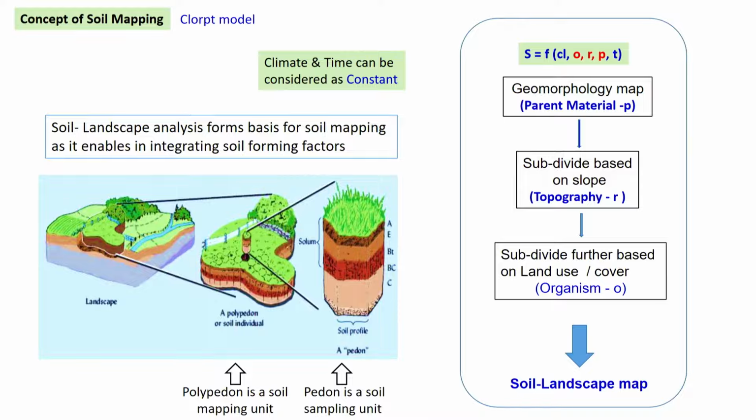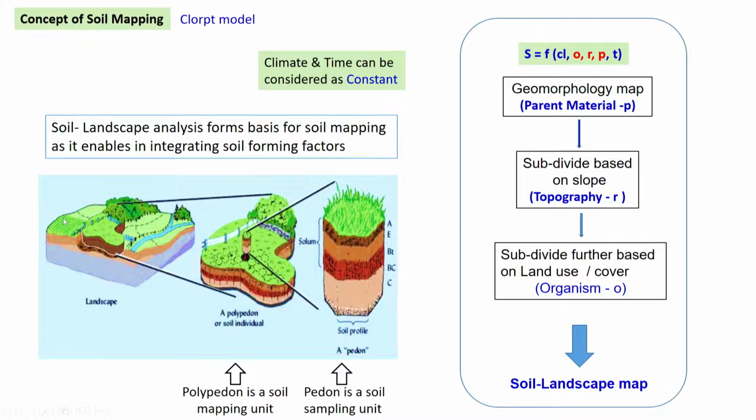So you can use this concept of soil mapping for dividing your area into various soil landscape units, and that gives you the confidence that you can take samples from any point in this land unit, and that will represent the entire area.